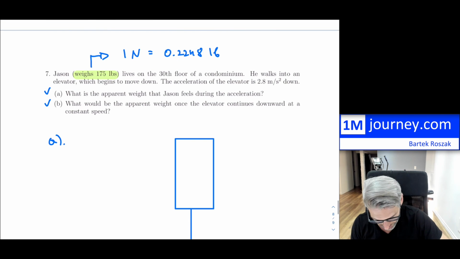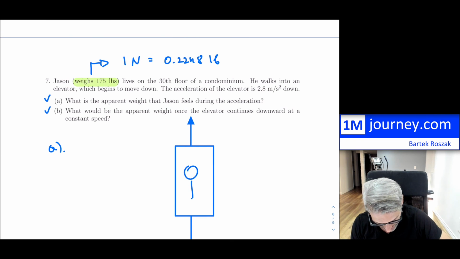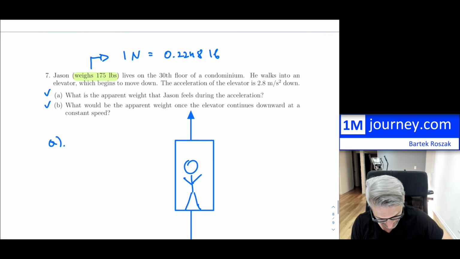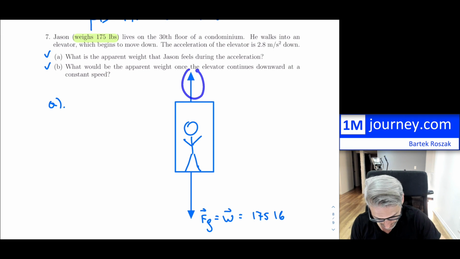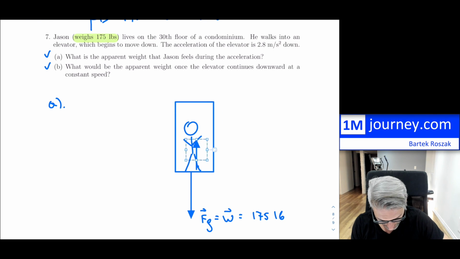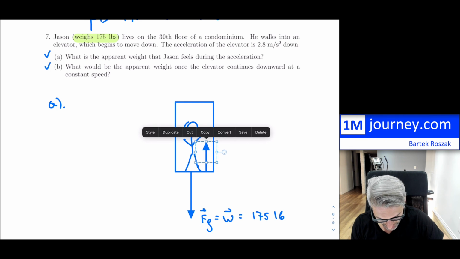So, free body diagram again. Technically, this is what's happening. If Jason is here, this force right here, maybe I'll put it where it should more or less be, at the feet, is what Jason is going to be feeling.